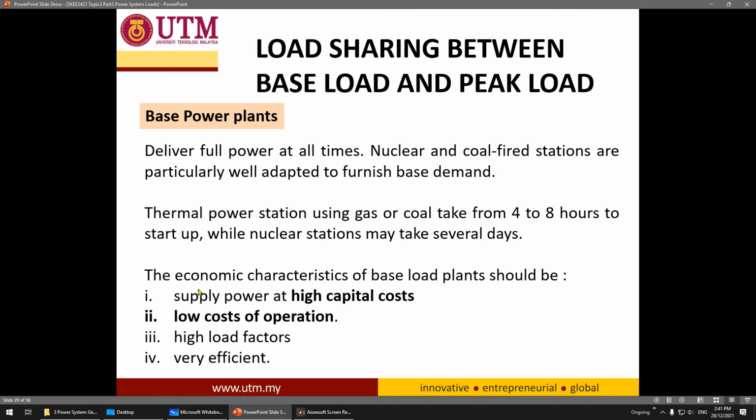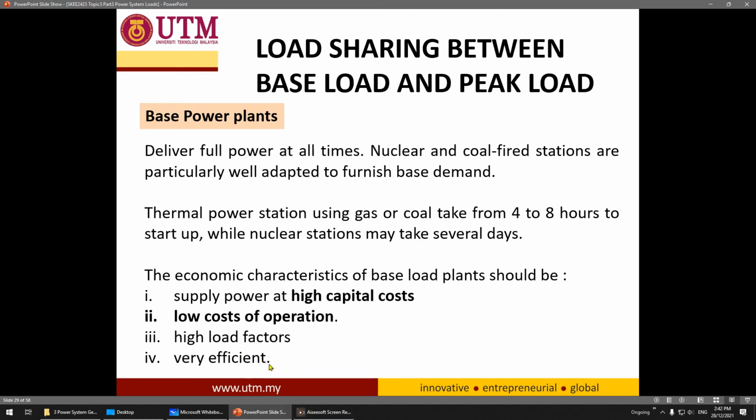The economic characteristic of the base power plant is that it supplies power at a high capital cost and low operation cost. Capital cost means that at the beginning it costs very high, but the operation cost is low. And it has a high load factor.